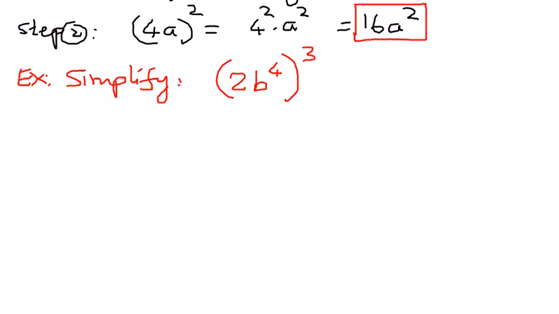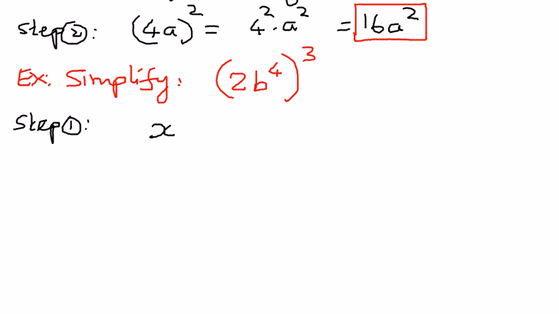Okay, let us see. We'll write down the solution in these different steps. In step number 1, we want to look at the problem. We're looking at the problem (2b^4), the whole thing raised to the power of 3. Isn't that very similar to this type of problem?